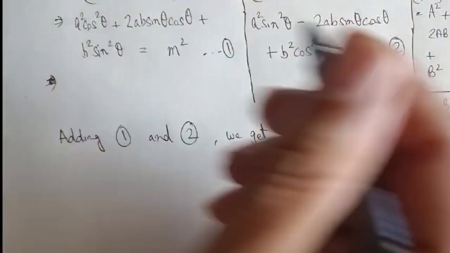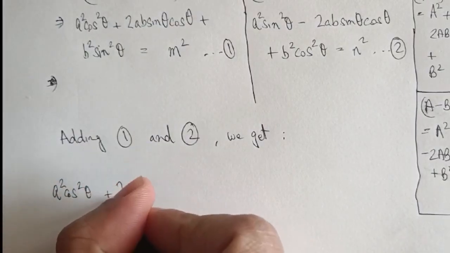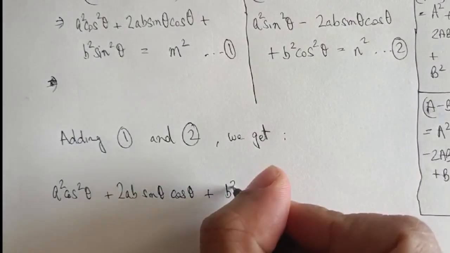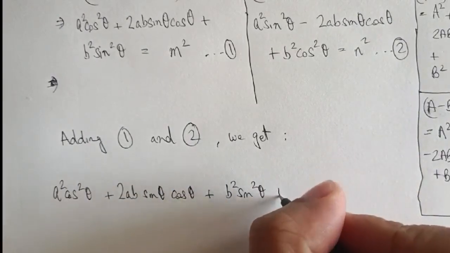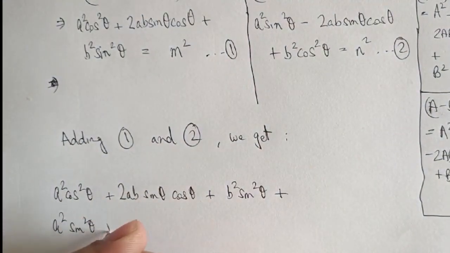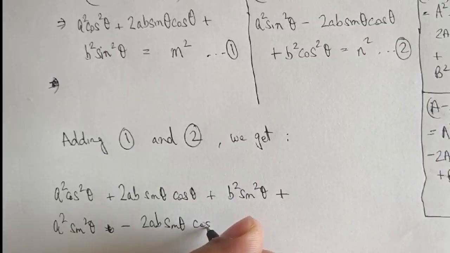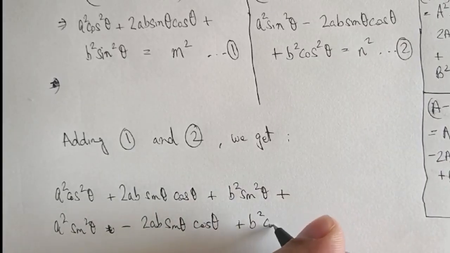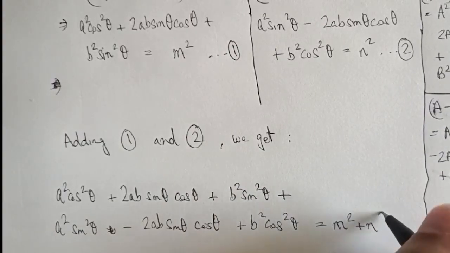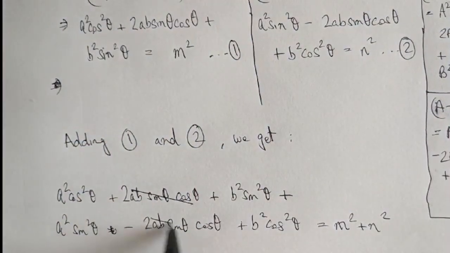We get left hand side is a squared cos squared theta plus 2ab sin theta cos theta plus b squared sin squared theta plus, we add these terms also, a squared sin squared theta minus 2ab sin theta cos theta plus b squared cos squared theta is equal to m squared plus n squared, the two right hand sides of course, right? Now these two will cancel.